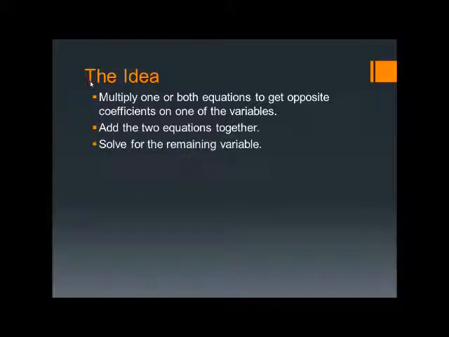Once that's happened, you solve for the variable that's still there. Once you know its value, from there it's just like the last method. You take that back to one of the original equations, plug it in, and see what the variable that you had eliminated is going to be.